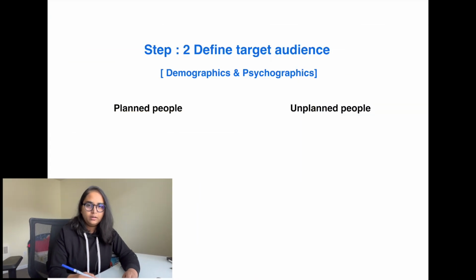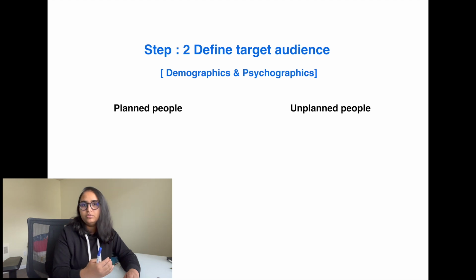In this target audience, we have two different categories of people: planned people and unplanned people. Planned people are those who are already making a pre-reservation, or have made a plan to get a dining place in the restaurant, and are already searching for the cuisine that they want to eat during the weekends or whenever they want in busy timings.